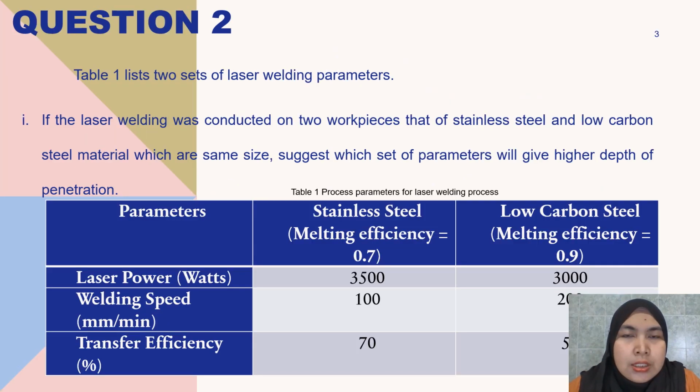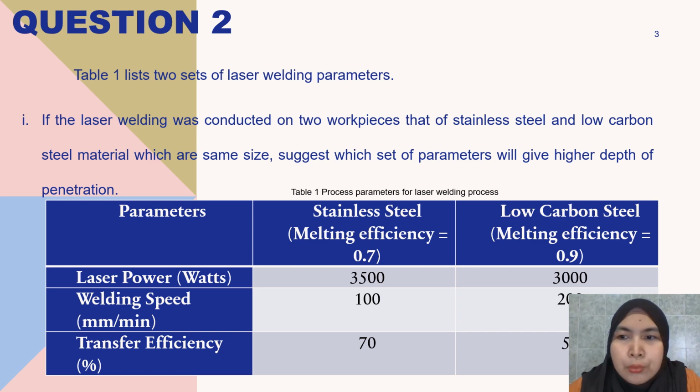And here is the second question that we are going to discuss further in this presentation. It is given a table of parameters for laser welding conducted on 2 workpieces, stainless steel and low carbon steel.